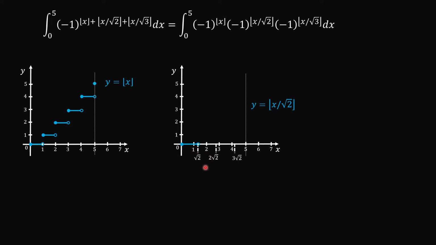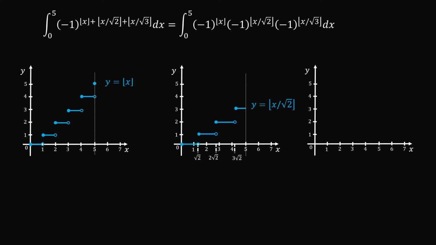Then from root 2 to 2 root 2, in that entire stretch, the floor will be 1. And from 2 root 2 to 3 root 2, the function will be 2. And then from 3 root 2 to 5, which is the end of our integration domain, the value there will be 3.